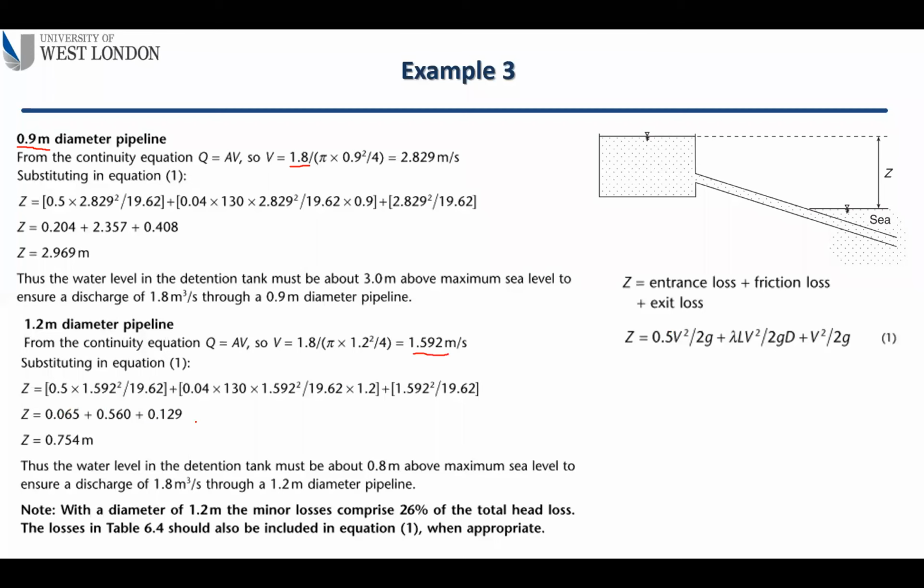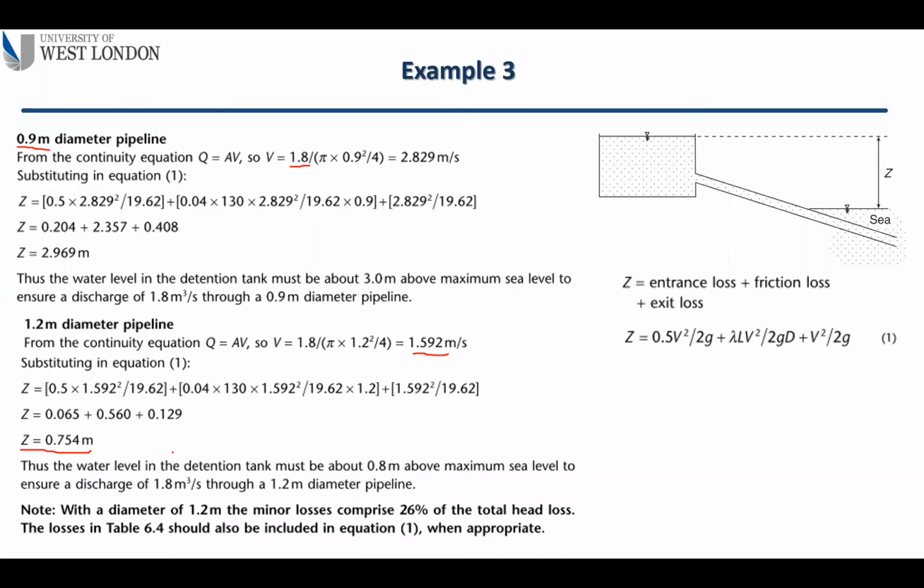So if you sum up all the 3 terms here, the Z, or the water level that you need to provide to make sure 1.8 cubic meters per second is provided, is equal to 0.754 meters.